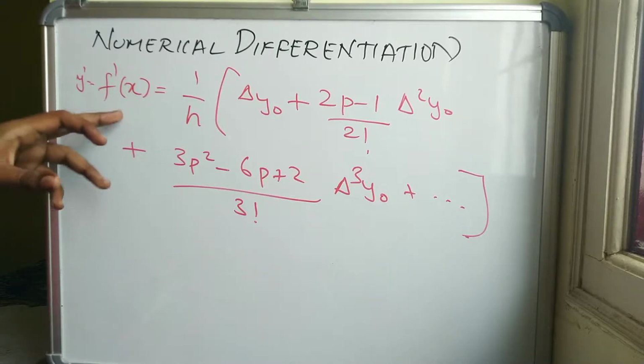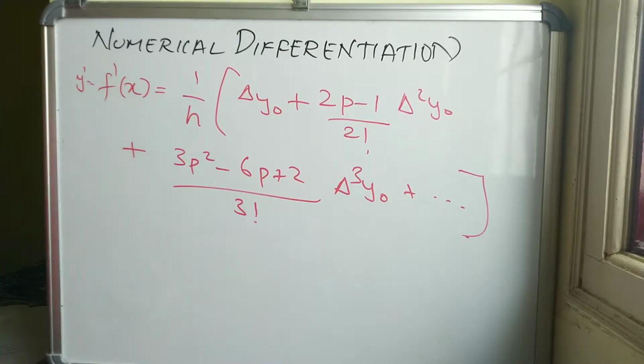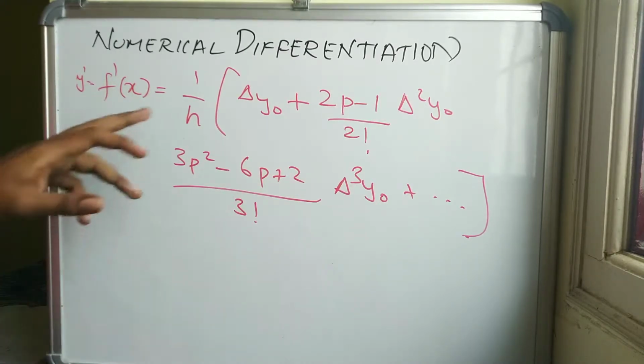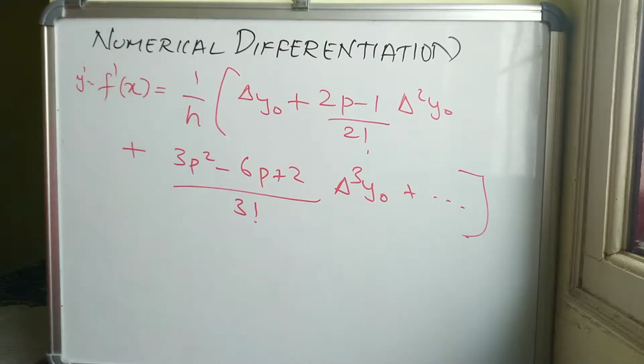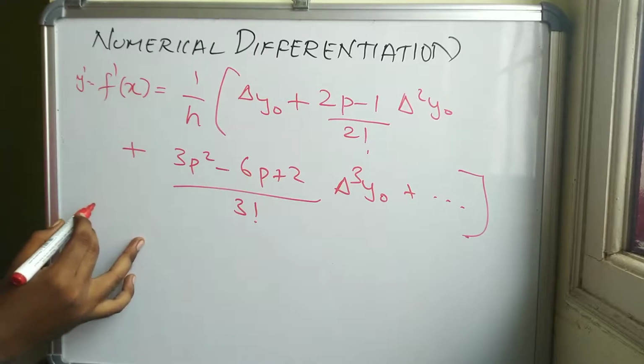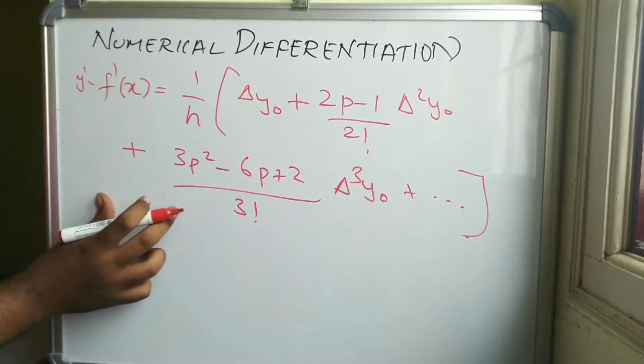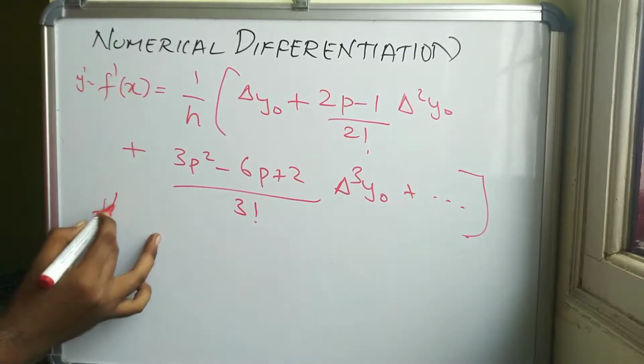This is the basic formula for f dash x. If it's asked for f dash at some value, you have to substitute the values in place of x. But in this formula, the x values are not there. That means we need to find p first. Suppose it is asked f dash of 1.